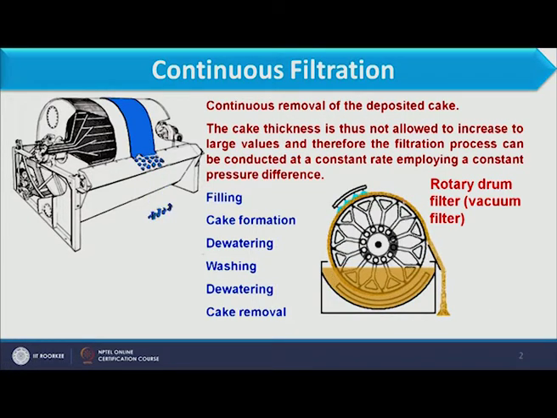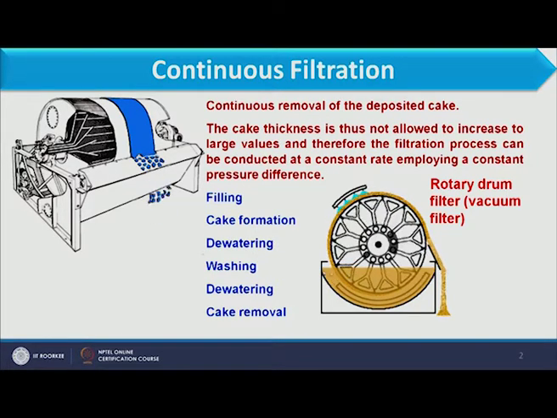If you see, this drum continuously rotates. Some section of this drum is submerged into the slurry, and there is a curved bar, which is used for uniform mixing to keep the slurry homogeneous.